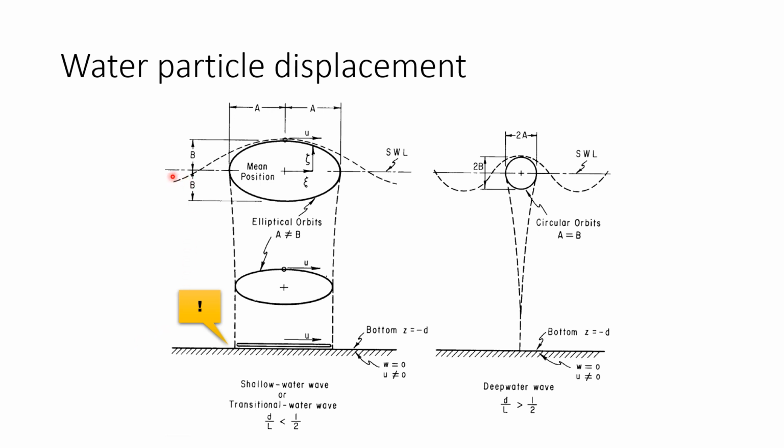So for all these cases, the orbital motion always has an equilibrium position and a displacement in the direction of wave propagation, and a displacement in the vertical direction. It has a horizontal and a vertical velocity, and we are going to look at the formulation of all this in the next slides.